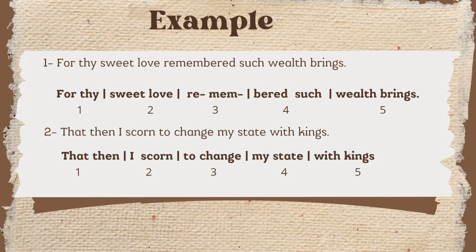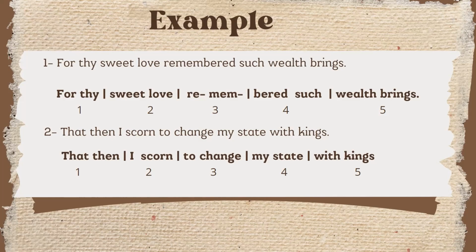We have here another line from sonnet number 29 from Shakespeare that says, "That then I scorn to change my state with kings." Here, first, we can see that "that then" are two different syllables, so they will count as one foot.